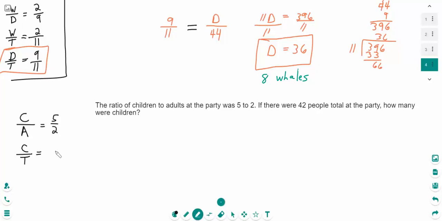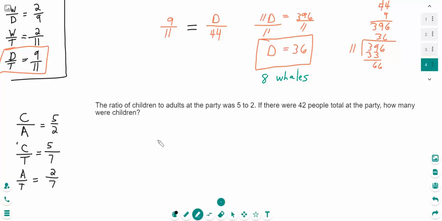So it's a total of 7. And the total number of children out of that 7 is 5 over 7. And then adults over total, the total number of adults is 2 out of the total again, which is 7. So there we have our 3 ratios.